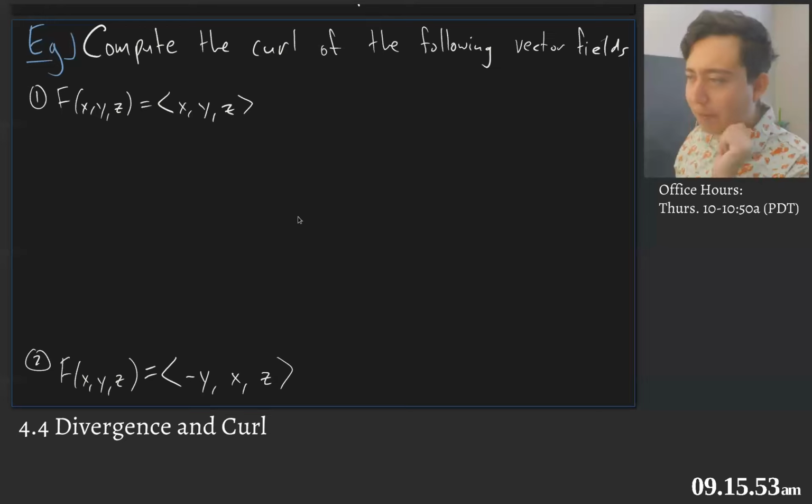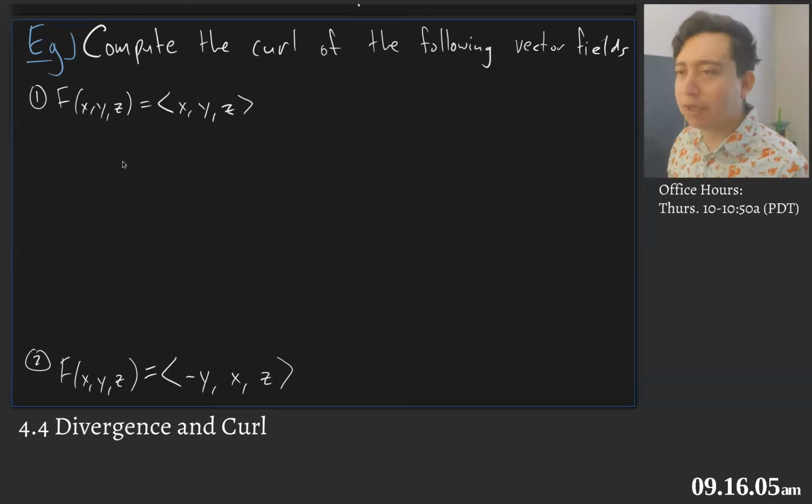I'll finish up a couple of examples, introduce one more thing, a topic about what we can talk about with curl in two-dimensional space, and then compare and contrast the three concepts we learned in this class.